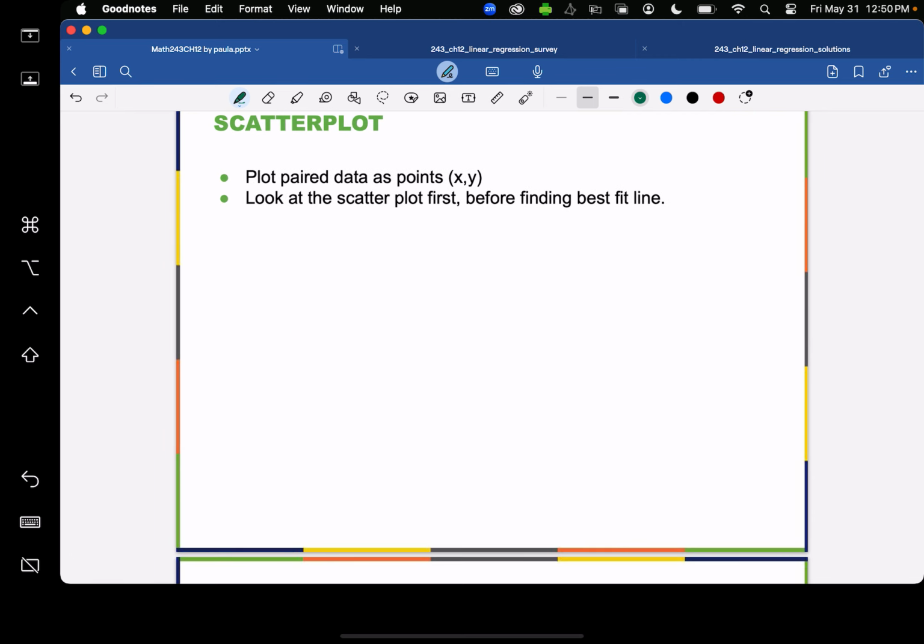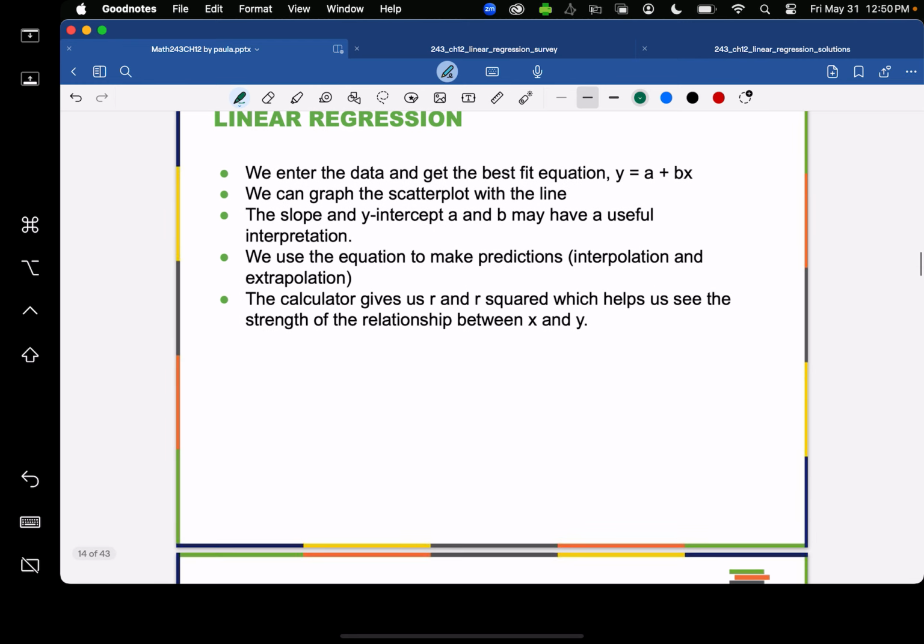And before we find the regression equation, we like to look at our scatter plot first. We can do this on Google Sheets, and I'm going to show you that, but we can also use our graphing calculator. So we enter the data, and then the calculator can give us the best fit line. We graph the scatter plot and the line.